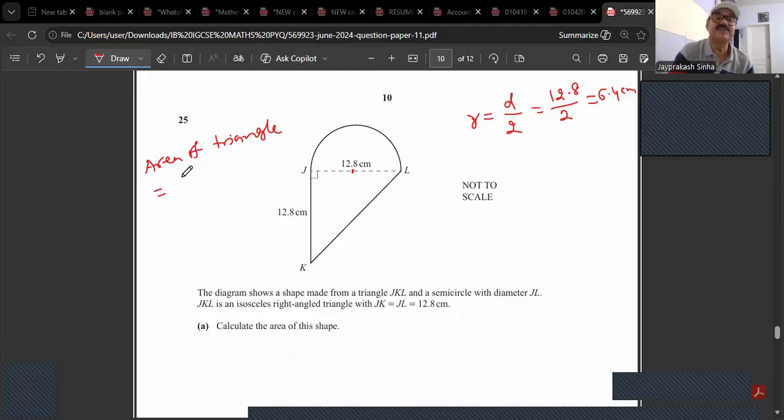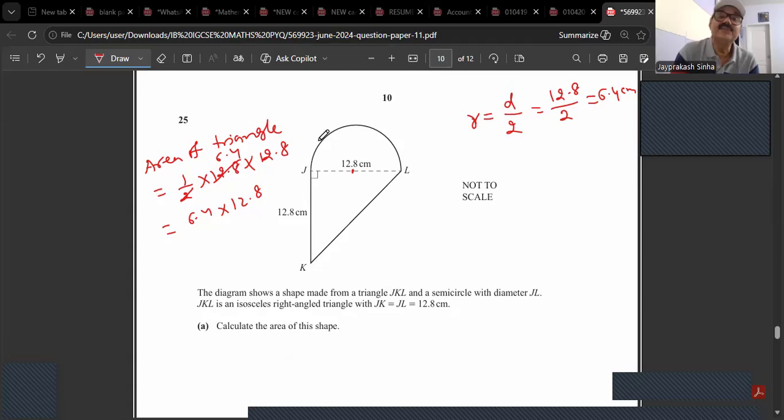How much is it? Half into base into height. So half into 12.8 into 12.8, isn't it? So this will be 6.4 into 12.8. This is the area.